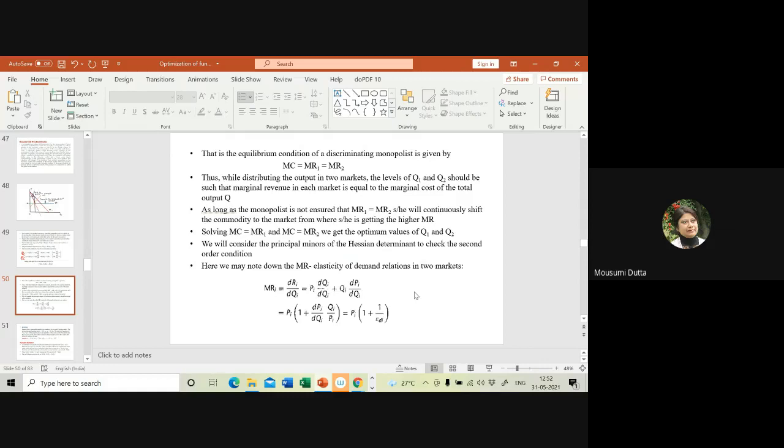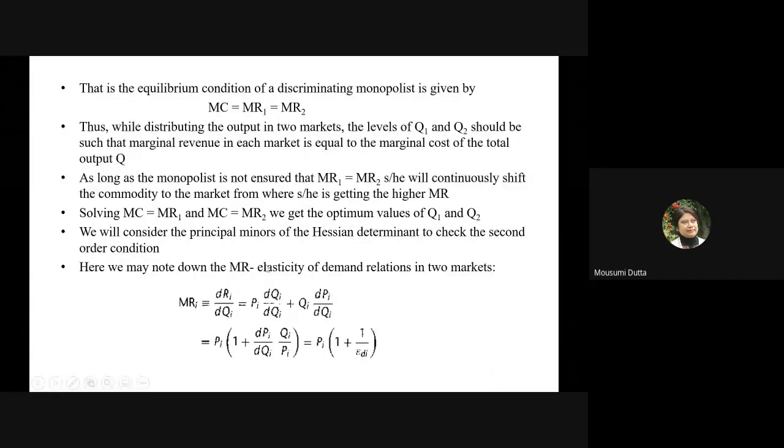However, I'll start from price discrimination in the next class too. Okay, so this mathematical thing you understood. However, graphically, how I'm setting MC equal to MR1, MC equal to MR2, that we will discuss in the next class.